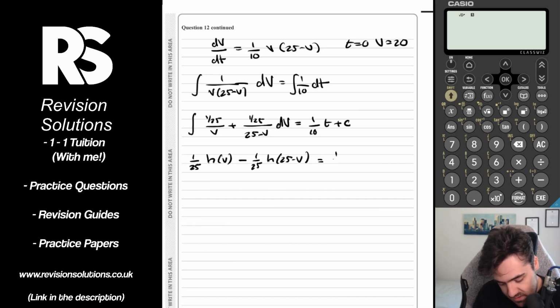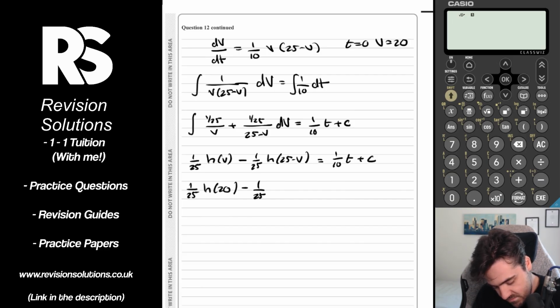Then we need to find our plus c, so we can use our initial condition for that. So that would say 1 over 25 natural log of 20 minus 1 over 25 natural log of 25 minus 20, which is just 5. Then the t bit is 0, so that's just 0, and that just leaves us with c.